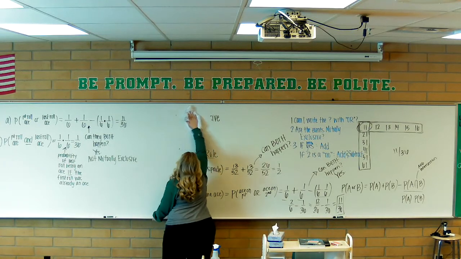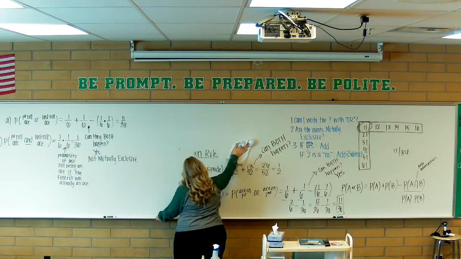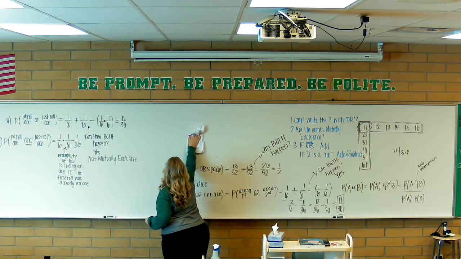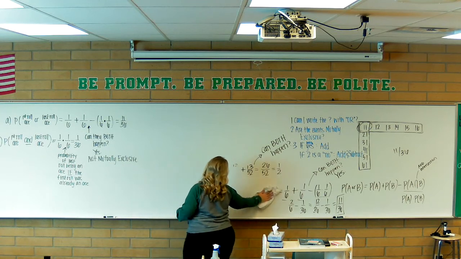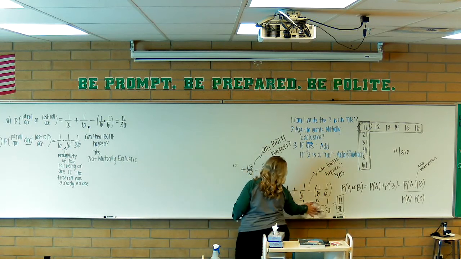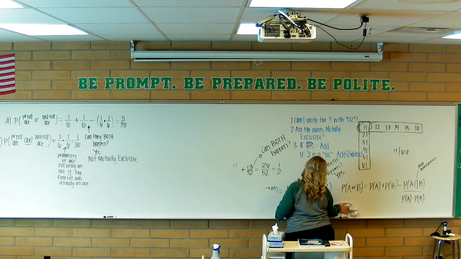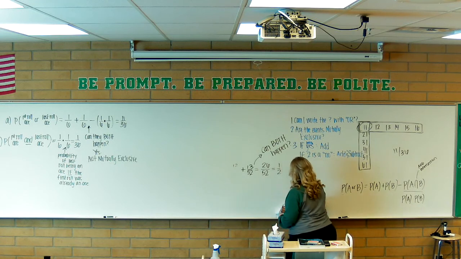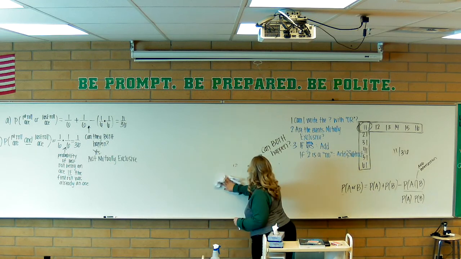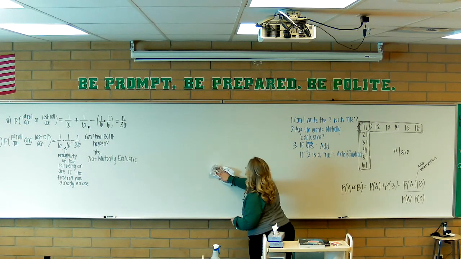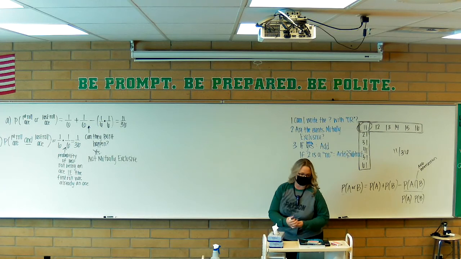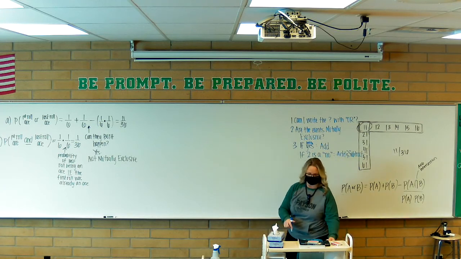So what is the likelihood that the top card is the ace of spades? 1 out of 52. Okay, then what's your key word after that? Or. So what symbol are you going to put there? Add. Then what do you have to do? What's the next part of the probability? What's the likelihood that the bottom card is the ace of spades?